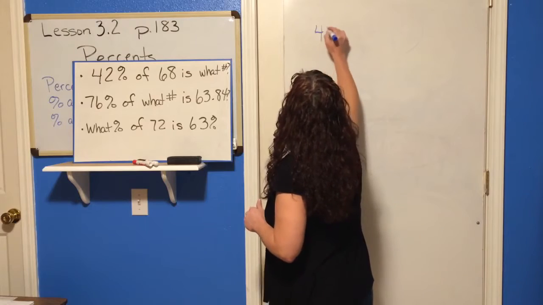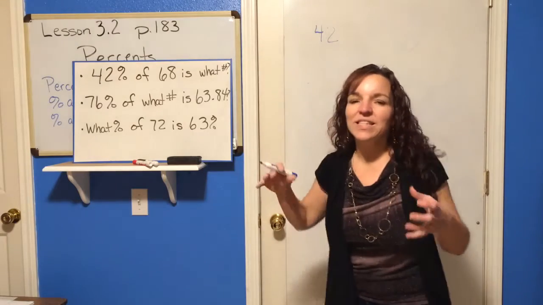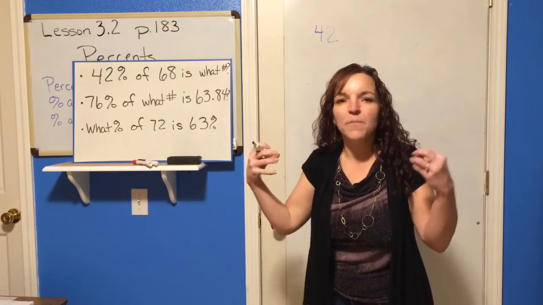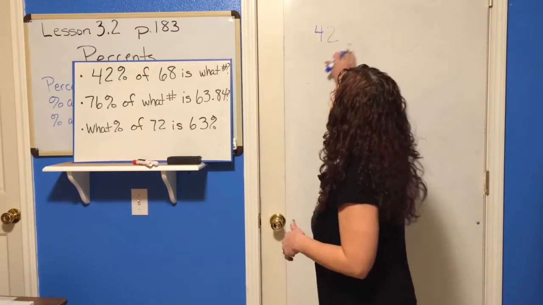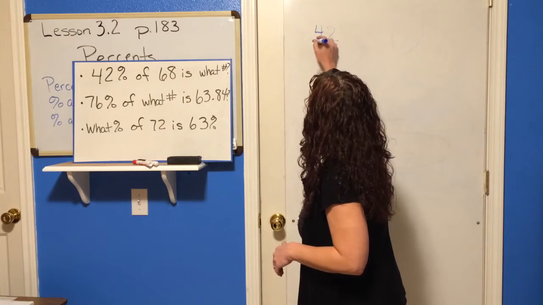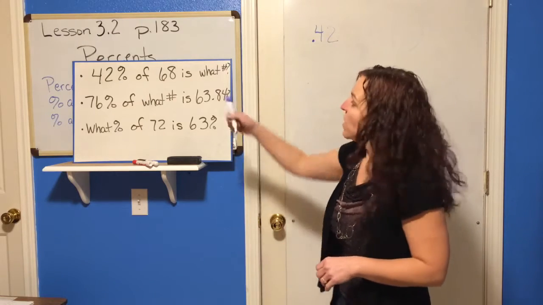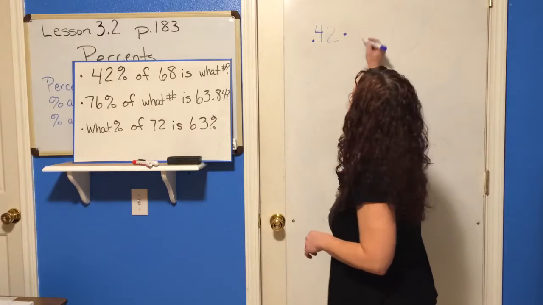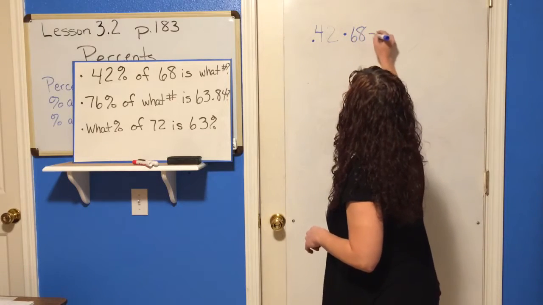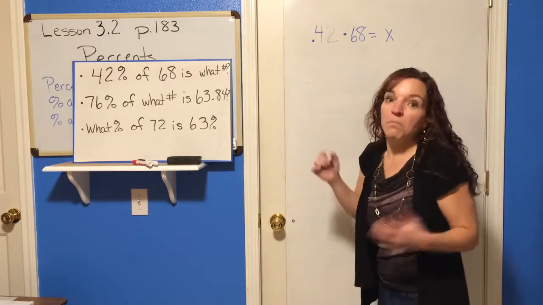Now, when we're working with percents and we're multiplying and dividing them, you're going to change that from a percent to a decimal. So you're going to move that decimal 2 places to the left. 42% is 0.42. 42% of means times of 68 is what number?